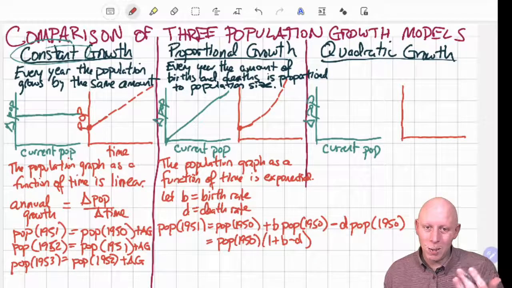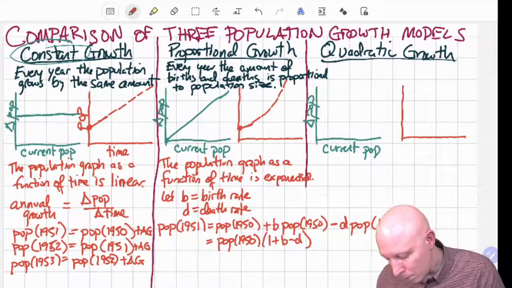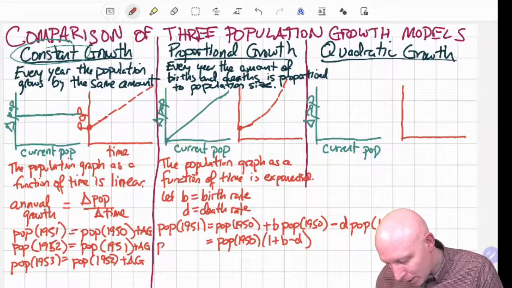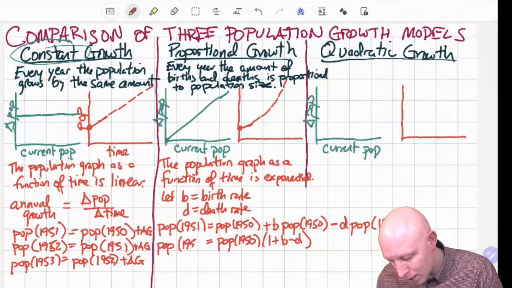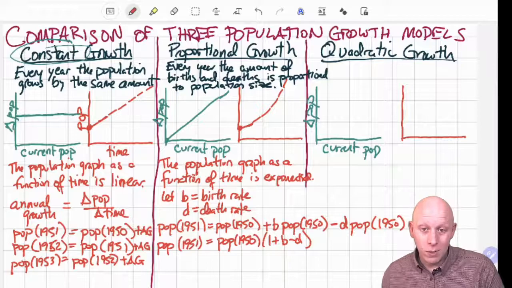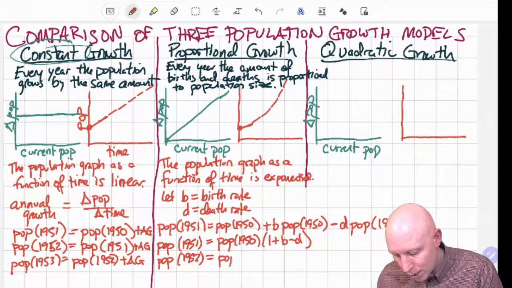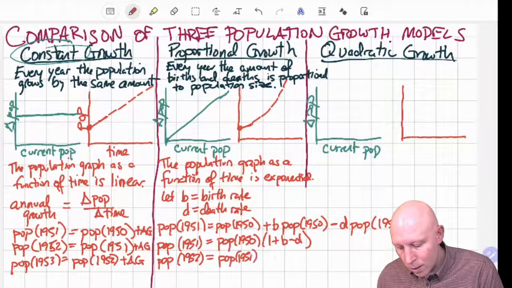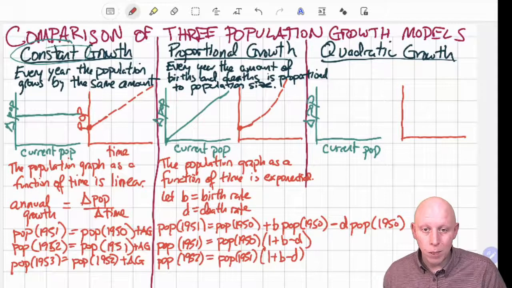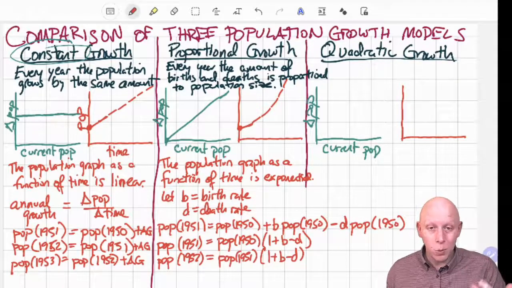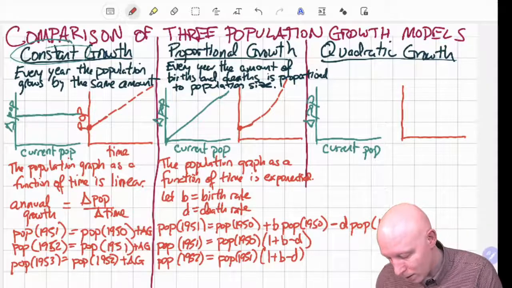But if you're thinking about something that doubles, then it's going to be a number like 2. So the population at 1952 is equal to the population at 1951 times the same value, where this is the proportion of the population being born and dying.